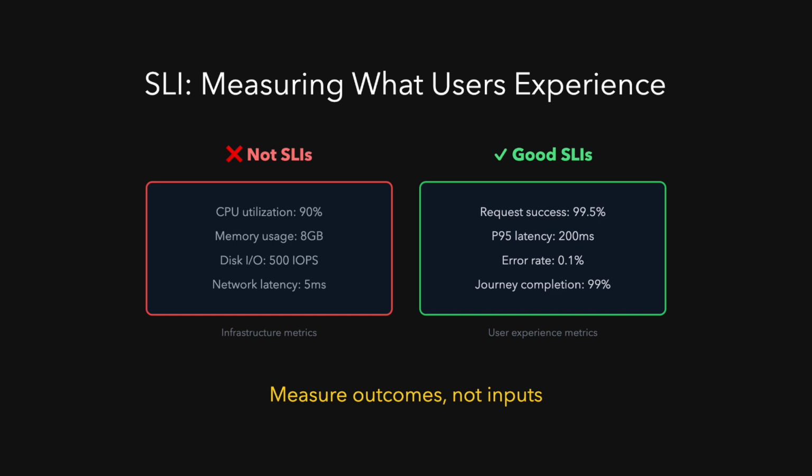But if all user requests are completing in 50 milliseconds with 0 errors, is there actually a problem? Conversely, your servers could be at 20% CPU, and that sounds healthy, right? But if a misconfigured load balancer is dropping 10% of requests, your users are experiencing failures. Infrastructure metrics are useful for debugging, but SLIs measure user experience.